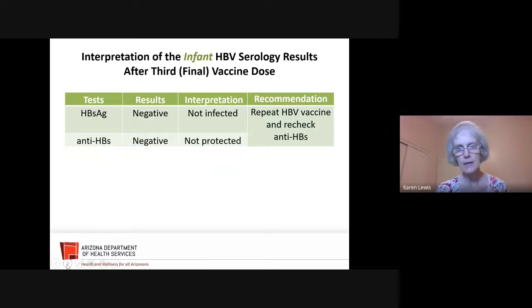Repeat the hepatitis B vaccine, either 1 or 3 doses, and after that, recheck antibody to hepatitis B surface antigen. And you may want to consider also checking hepatitis B surface antigen, but presumably the child's not infected. You want to make sure that they get a protective antibody, because they're going back into a family where there are people who are infected with hepatitis B. They need to have protective antibodies.